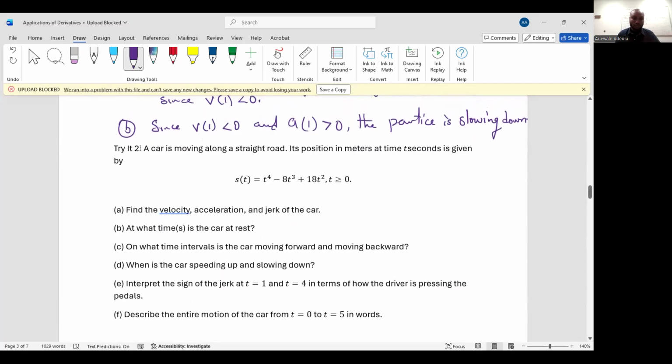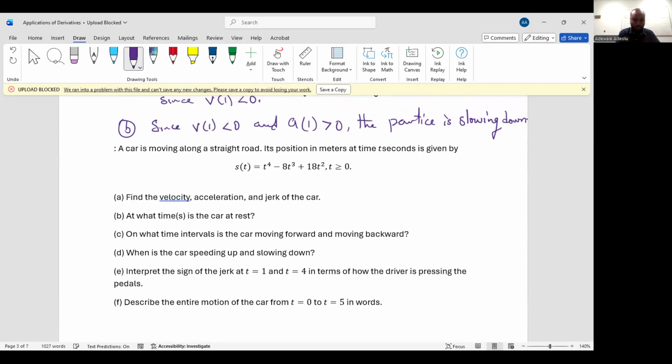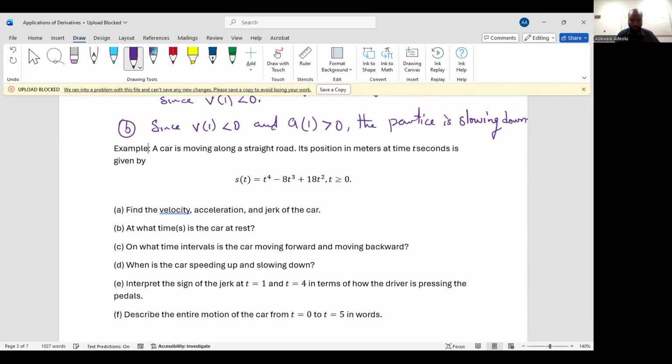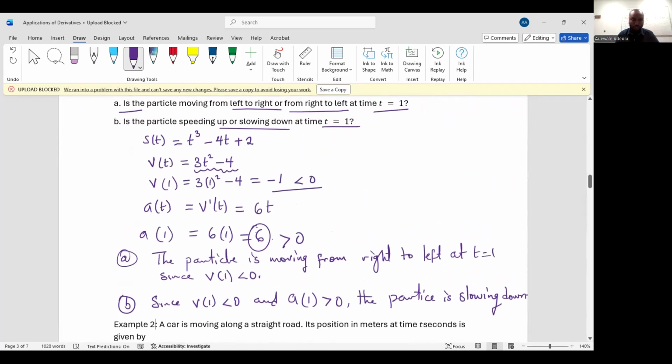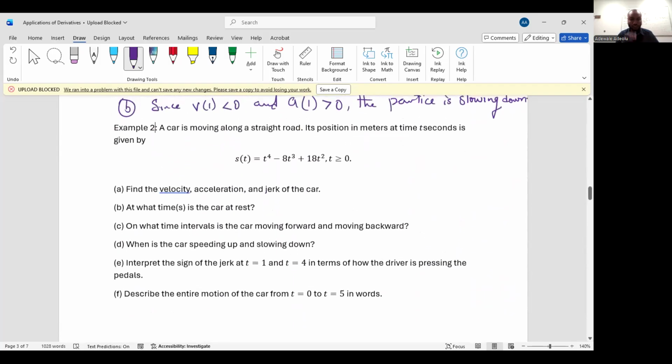Okay, so I call this Example 2, I believe. All right. A car is moving along a straight road.